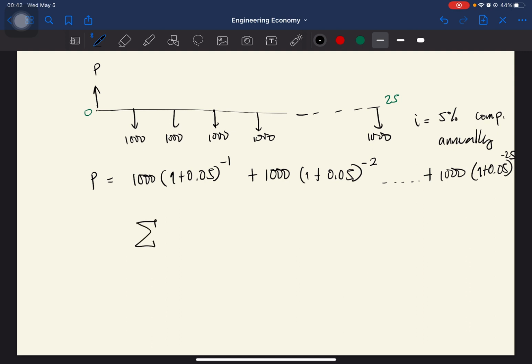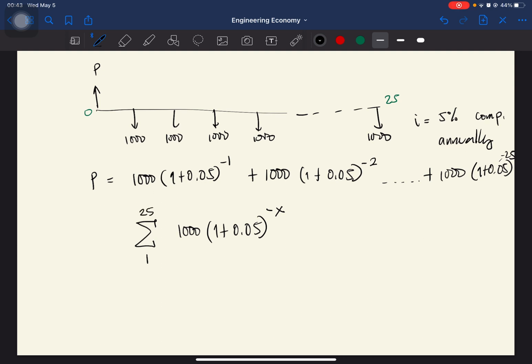Sigma. Tapos, ilagay mo yung common pattern doon sa calculator mo. So, that's 1,000, 1 plus 0.05, or let's say 1.05 na lang, tapos negative x. Okay? Then, gusto mong mag-start mula 1 hanggang 25. So, magsisimula ka sa 1 and magtatapos ka sa 25.